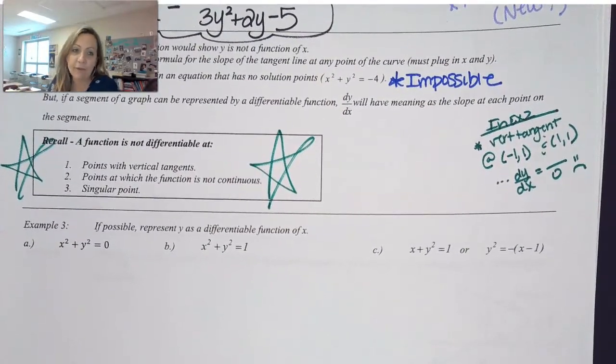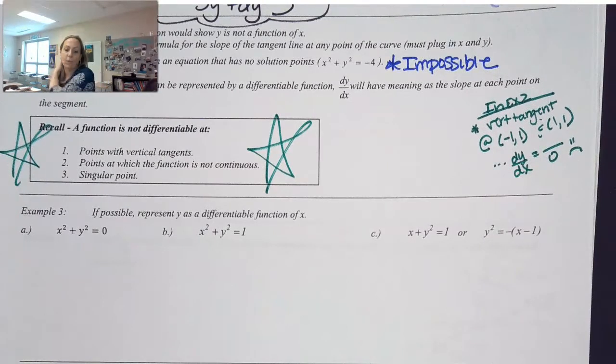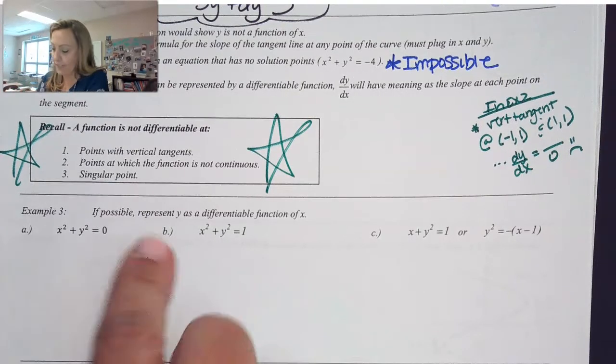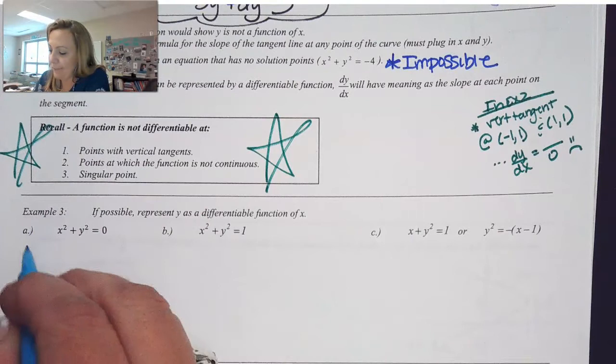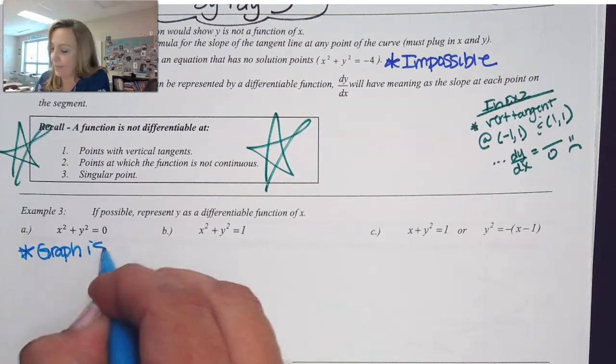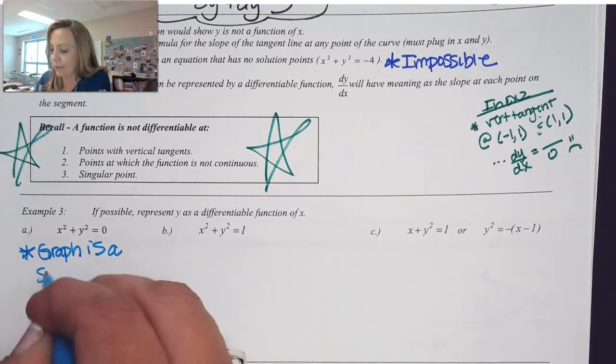Okay, so example 3 says, if possible, represent y as a differentiable function of x. And if I look at letter A, I have x squared plus y squared equals 0. Well, we can see that this is a circle, but with a radius of 0. So what does that mean about the graph? If it's a circle with a radius of 0, that means that your graph is a single point.